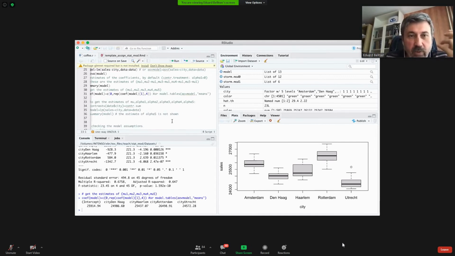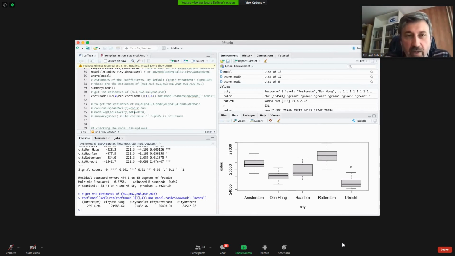Okay, here's the explanation. If you want estimates for mu and alpha 1 and so on, the ones which are for the second parameterization, the sum of alphas is equal to 0. Oh no, that's exactly the one we are interested in.